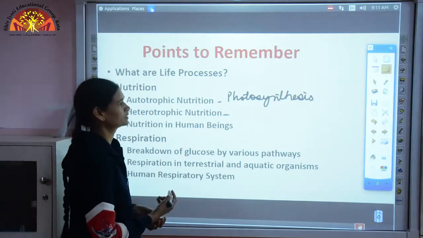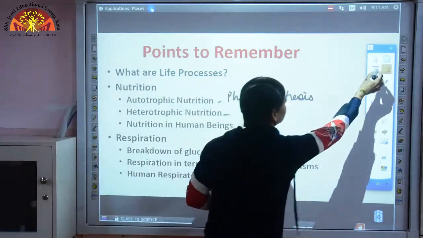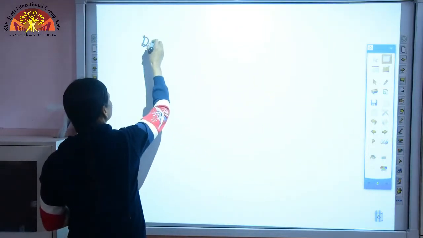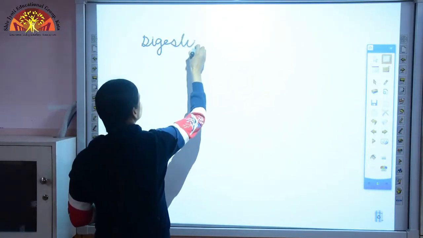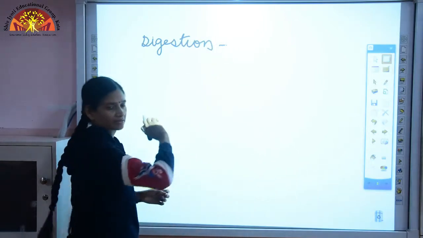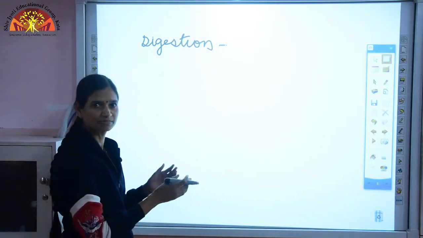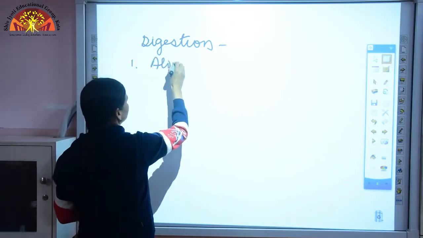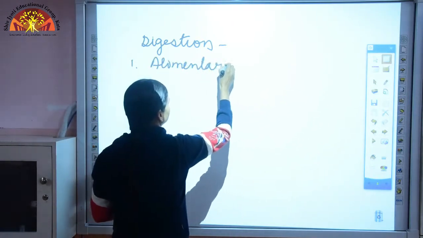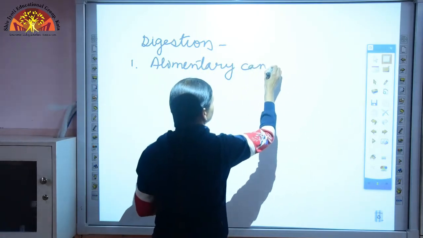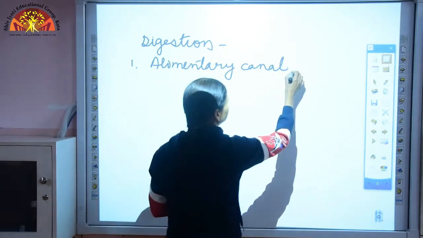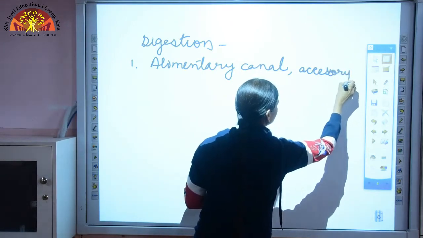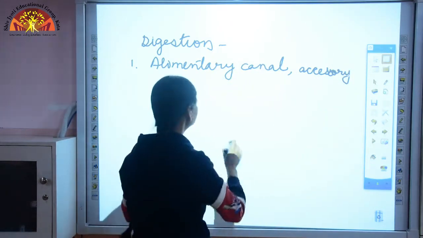So, when we talk about digestion in human beings, we can see, children, that the process of digestion takes place with the help of 2 things. One is alimentary canal and accessory glands or digestive glands, we can say.